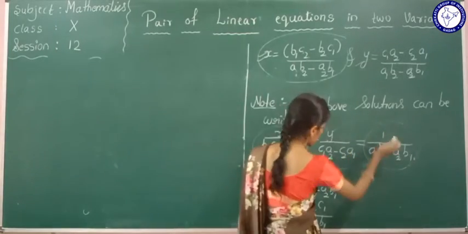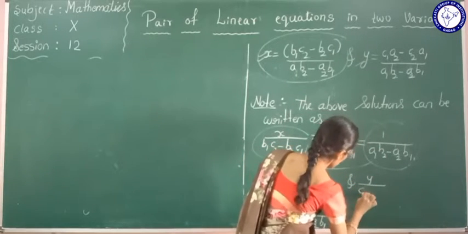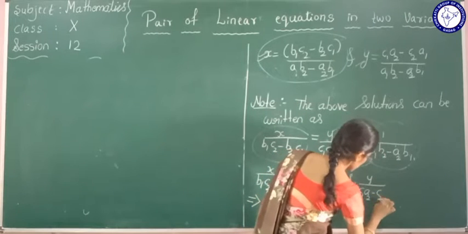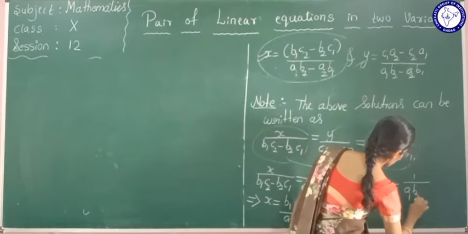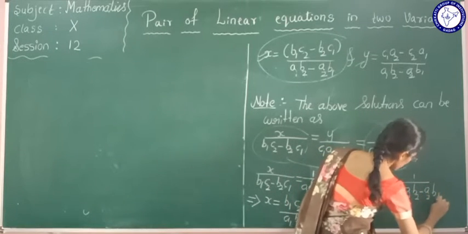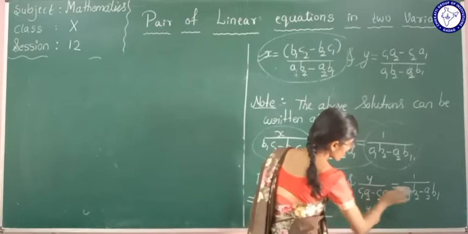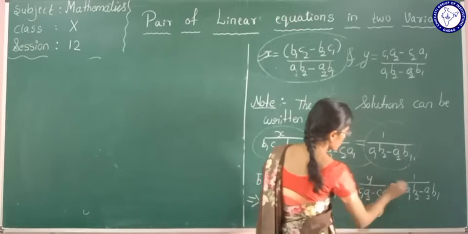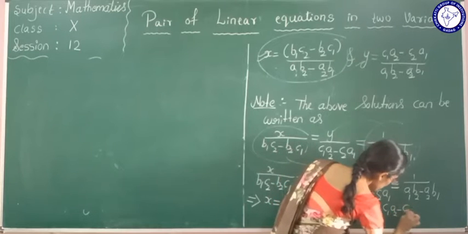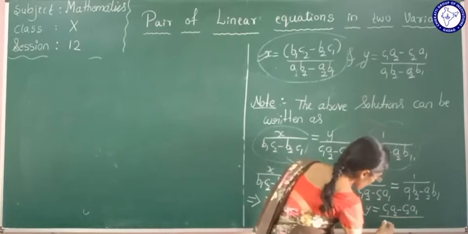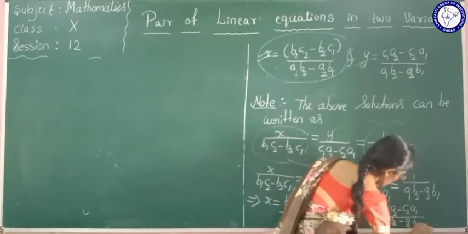Again, if we compare these two, we will get the same value, that is y is equal to, what is y here? If you equate these two, the y value will be c1 a2 minus c2 a1 divided by a1 b2 minus a2 b1.